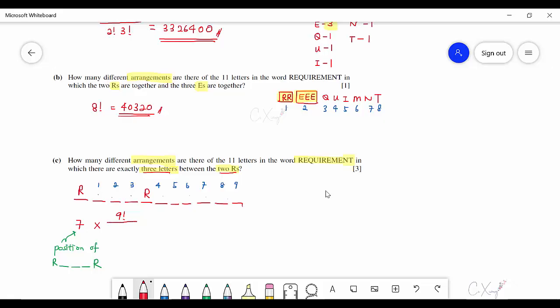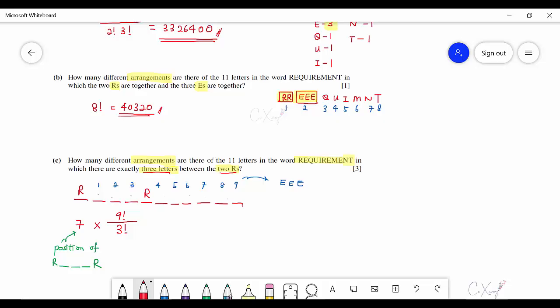But from these 9 letters, is there any repeated or identical letters or not? From the 9 letters here, we still have 3 identical E's, correct or not? So we need to divide by 3 factorial for the identical E's. For the R's, because we already fixed them at a certain position, we are not arranging them.